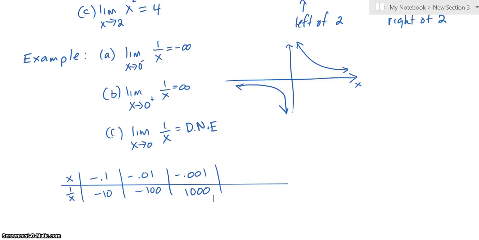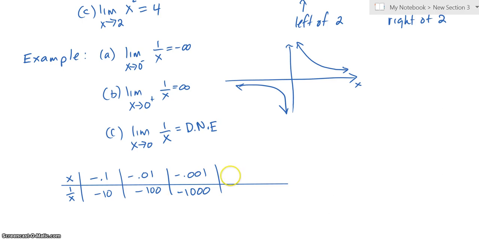We could have also made a table. For part A, we're looking at x approaches 0 from the left, so numbers that are a little smaller than 0, like negative 0.1, negative 0.01, and negative 0.001. If you plug these in on your calculator or make a table, you would see that they're getting larger and larger negative numbers.